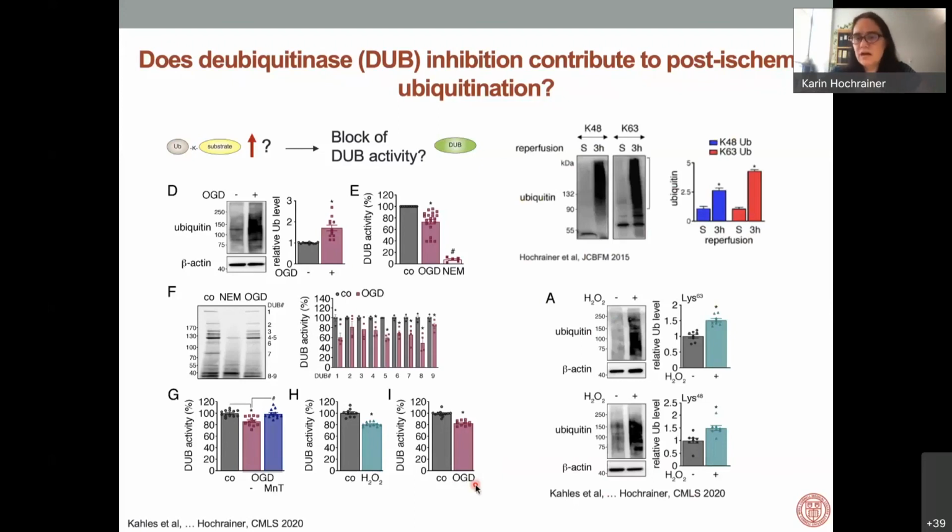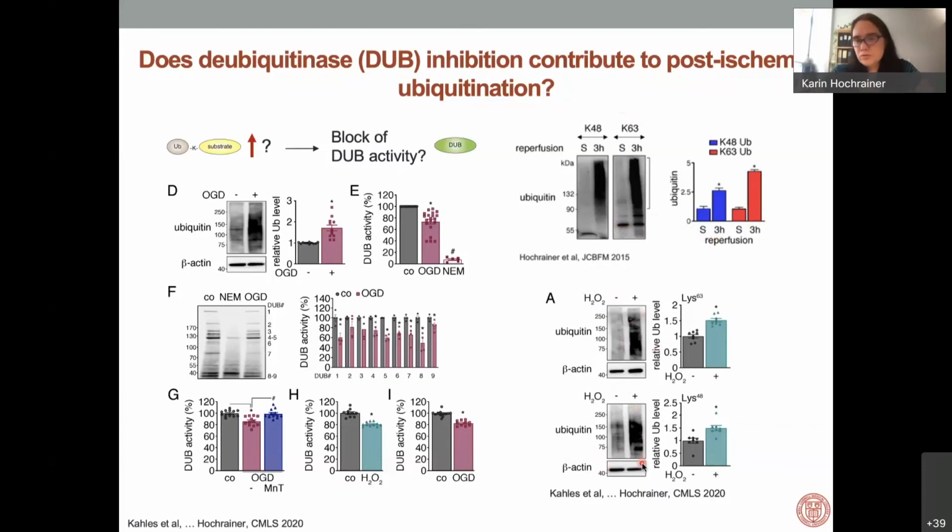In a way, this all made sense, because we also saw that after ischemia we have a lot of different ubiquitin chains that are increased, particularly the K63 chain, which is really not a proteasomal target, as I explained before. We see this increase in K63 with MCAO in mice, but we also see it if we apply hydrogen peroxide, the same sort of increase in levels.